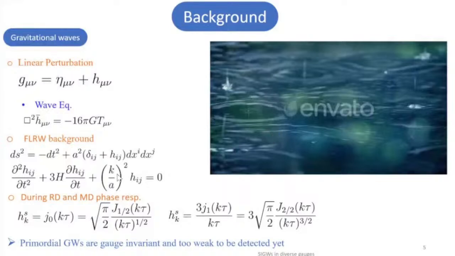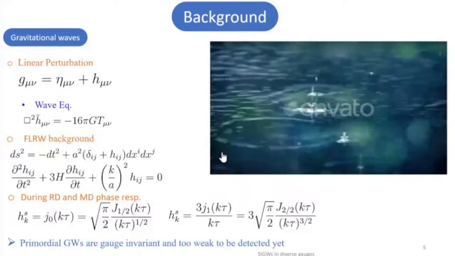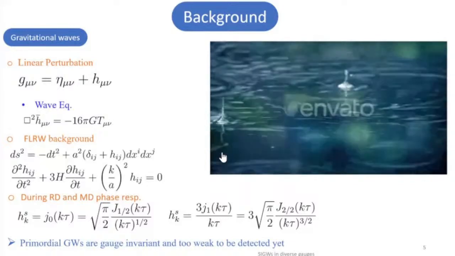For this equation of motion, we have the following solutions. These gravitational waves are basically called primordial waves. These are gauge invariant and too weak to be observed yet. Until now, it's impossible to detect them. Here, I just want to show how the waves are produced from a video.